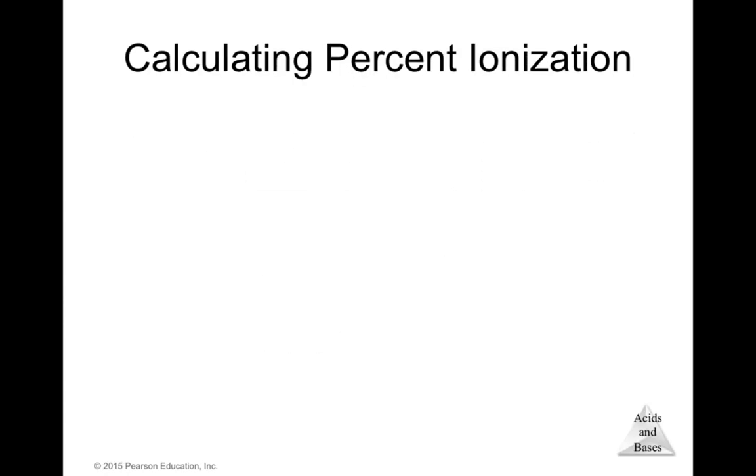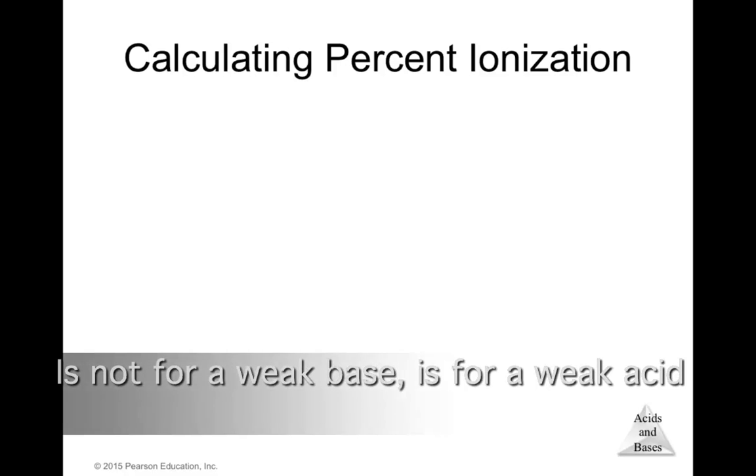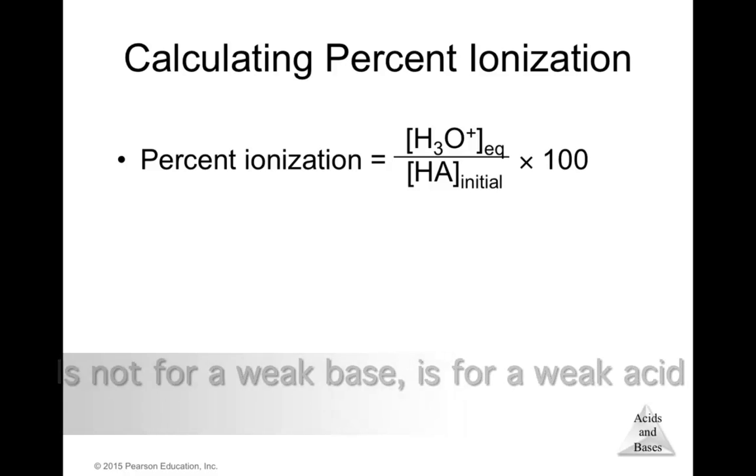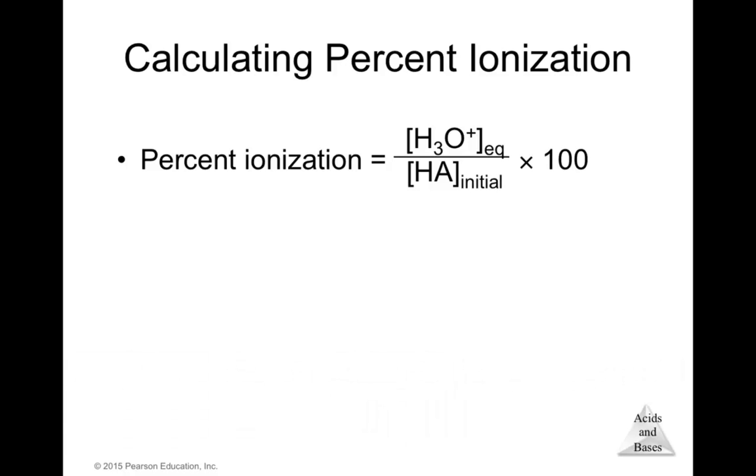So let's now calculate the percent of ionization for a weak acid. This is pretty simple. The equation is the concentration of H3O at equilibrium divided by the initial concentration of the weak acid, multiplied by 100.